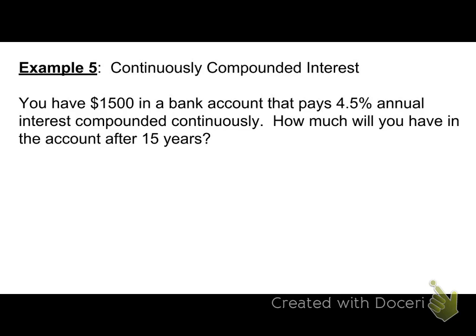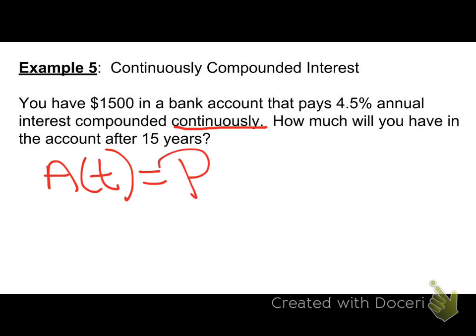You only use the formula that I'm about to show you. The problem will say continuously. If it doesn't say continuously, you don't use this formula. You use the formula from yesterday. And here's the formula for continuous compounding. P e to the RT. PERT for short.